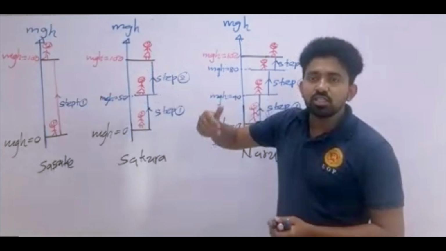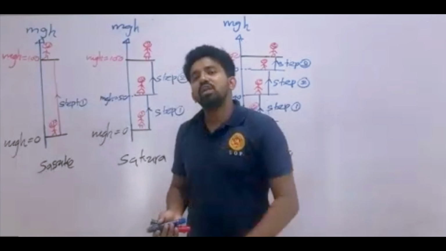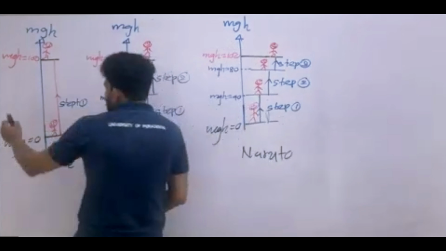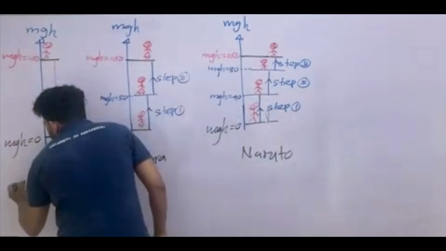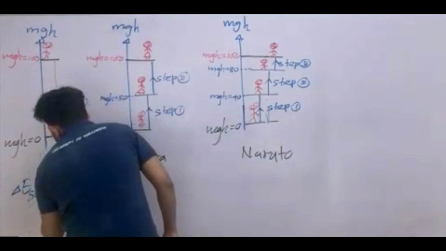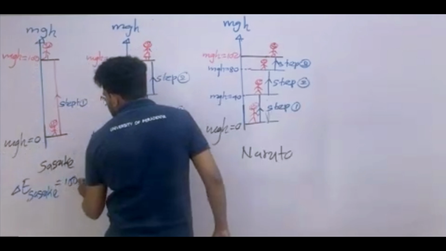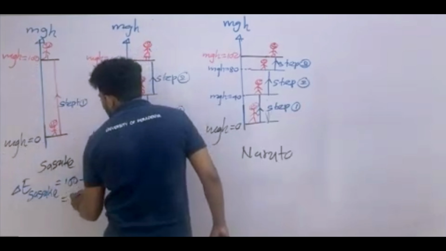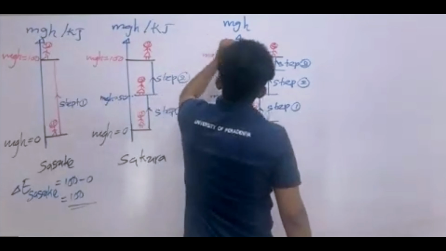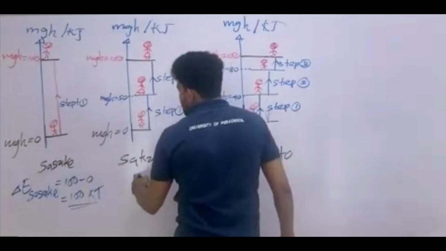Now MGH, the potential energy, is also a state function. We know how to calculate the delta value of the state function. It means the difference of the state function, right? So we get the delta E value of Sasuke, that is equal to the final minus initial, 100 minus 0, that is 100 kilojoule, right?